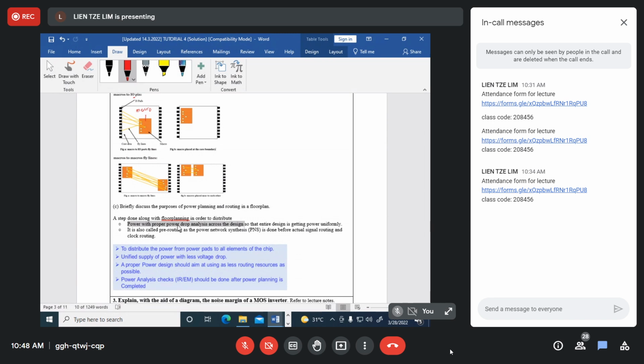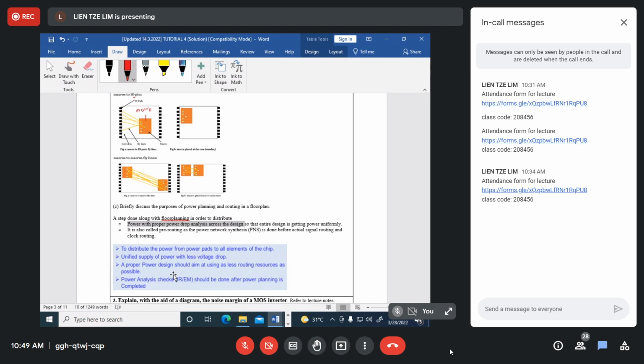So this mentions what power planning is about. The purpose is to distribute the power from power pads to all elements of the chip, with unified supplies of power and less voltage drop. This is a very general answer that I show to you.